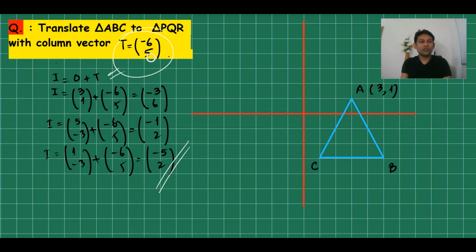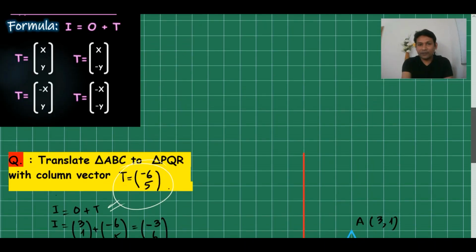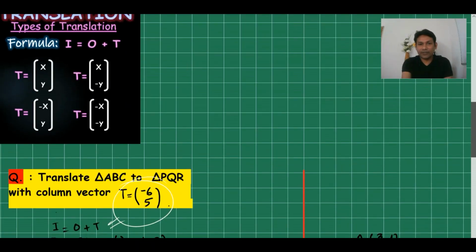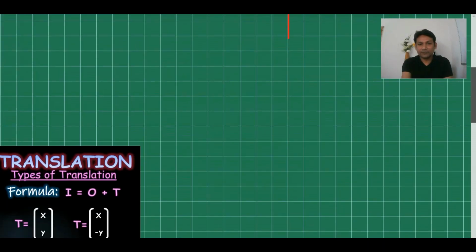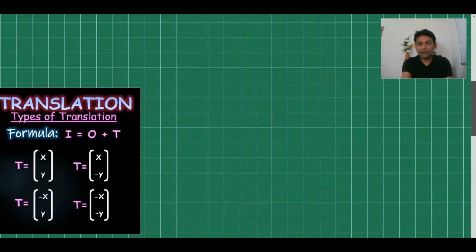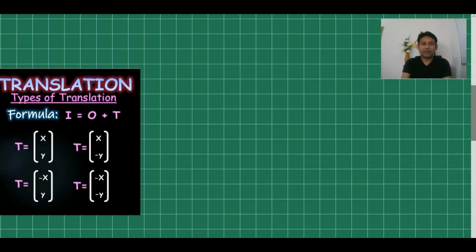From this point, 6 and 5, we should know how many types of translation there are. I have an example for you. Here you can see both are positive.